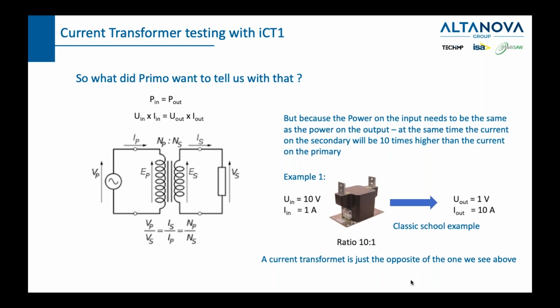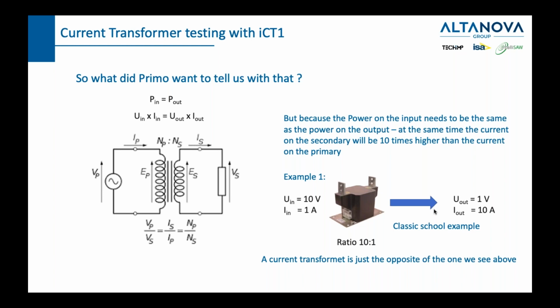So in a classical school example, with input 10 volts and 1 amp and a ratio of 10-to-1, on the secondary side we will have 10 times lower voltage, 1 volt, but at the same time 10 times higher current, because the input power is equal to the output power, meaning that U times I is 10, and it needs to be 10 also here. Of course, in a real transformer it is a little bit different because there are some losses, but the concept is more or less the same.